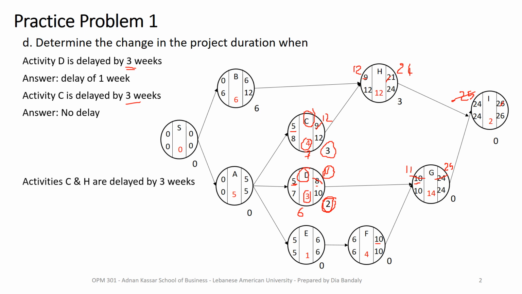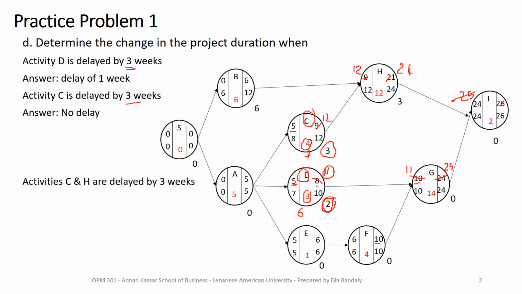Now, the third one: what happens to the project when both activities C and H are delayed by 3 weeks? Okay, so both C and H. Now, I need to clean up here because I'm sure you are very confused now.